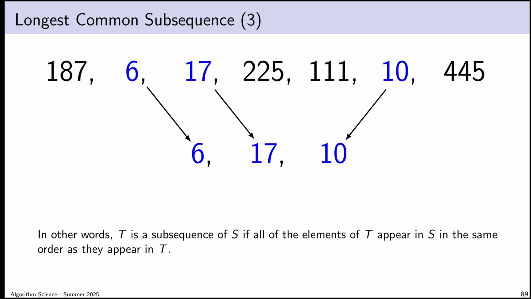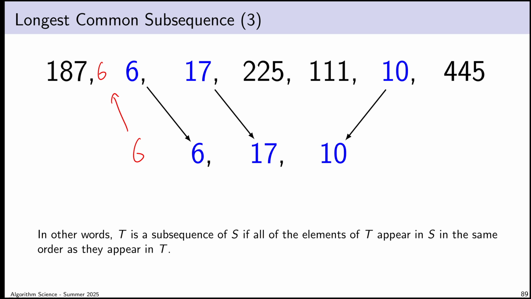Fundamentally, though, if I've got my sequence S and my sequence T, a sequence T is a subsequence of S if every element in T appears in S in the same order. It's not required that they be consecutive, but every single element must appear in the same left to right order in S as it appears in T. And of course, if an element appears twice in T, it has to appear twice in S. So I'm not allowed to use the 6 more than once.